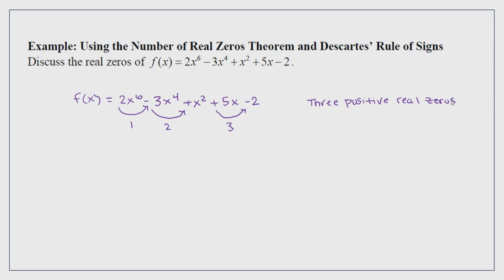So an even integer is divisible by 2. So, in other words, I'm going to subtract 2 from this value. So this function could have 3 positive real zeros, or it could have 1 positive real zero.